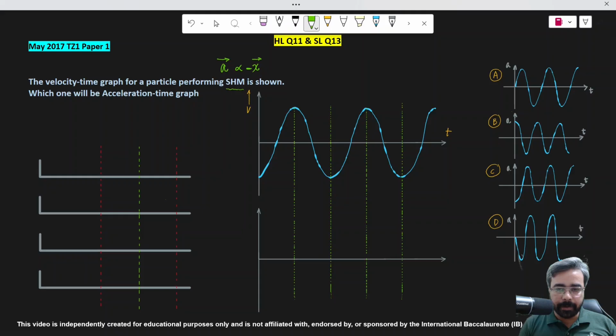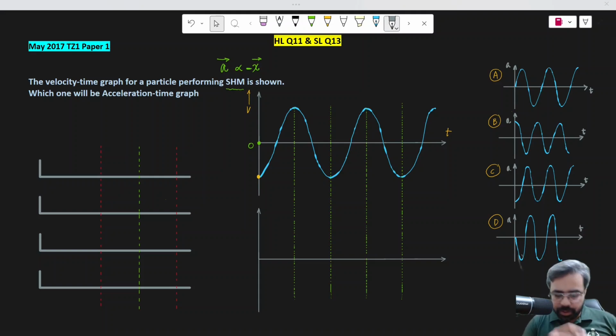This velocity time graph shows us that at time t equal to 0 seconds, the velocity of the particle is maximum, which means it is maximum negative. One of the famous examples of SHM that I'm going to show you is the horizontal mass spring system, which you can see on the left hand side.